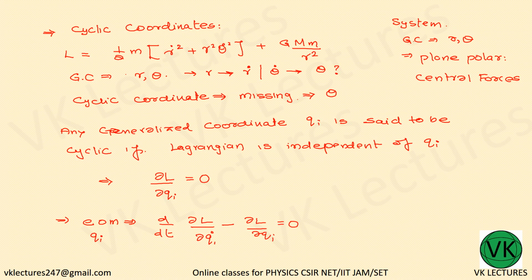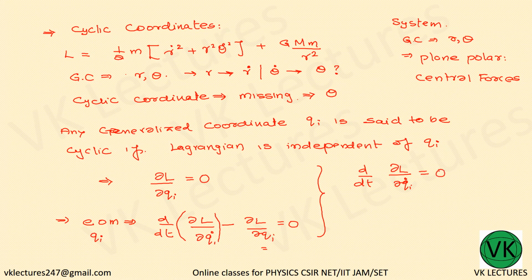Now if this qi is a cyclic coordinate, the second term in this equation goes to 0, and we can write d by dt of dou L by dou qi dot equal to 0.